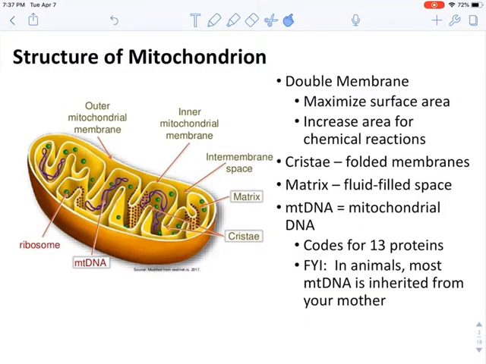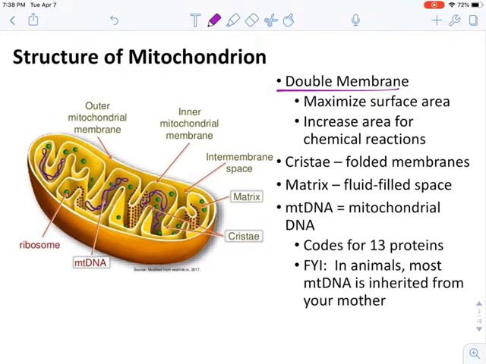But I first want to talk a little bit about the similarities between the chloroplast and the mitochondrion. Mitochondrion, by the way, is the singular of mitochondria. It's usually a little bit of a kidney bean shape, and very much like the chloroplast, it too is a double membrane. And the benefit of being a double membrane that we talked about with the chloroplast also applies here.